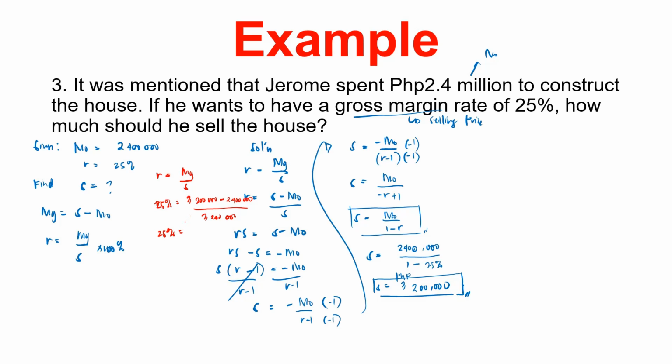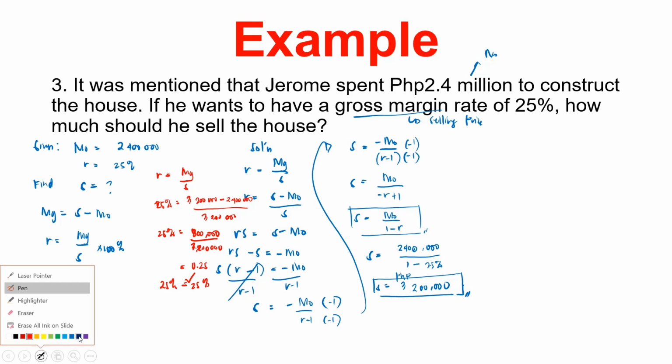So 3.2 million minus 2.4 million, you will get 800,000. So 800,000 over 3.2 million, when you get the quotient of that, you will have 0.25. Then convert that into percent. So you will have 25%. So they are proportion.